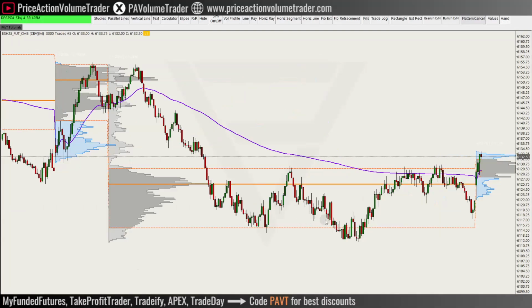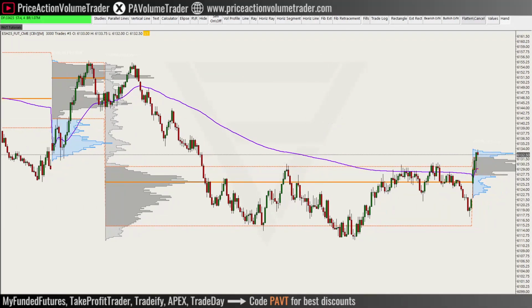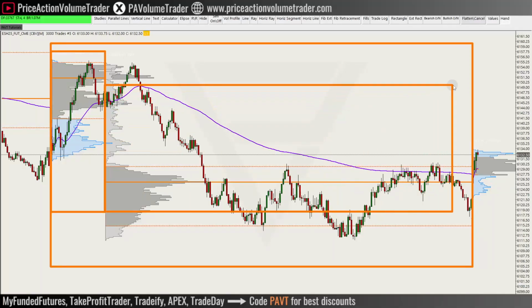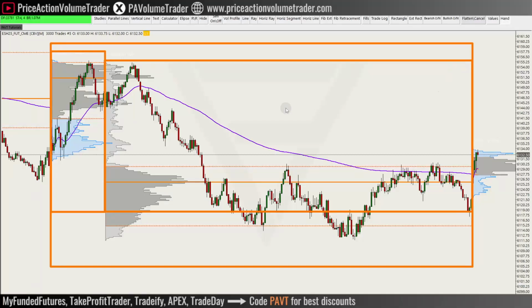So if I go to a tick chart, this is the same 24-hour period, but now look at the difference. This little area, this is extended trading hours with a 3000 tick chart, and this whole area right over here, this is regular trading hours. So you can see how, based on the volume and volatility, we're going to get so much more detail and candles printed than when there's little activity.